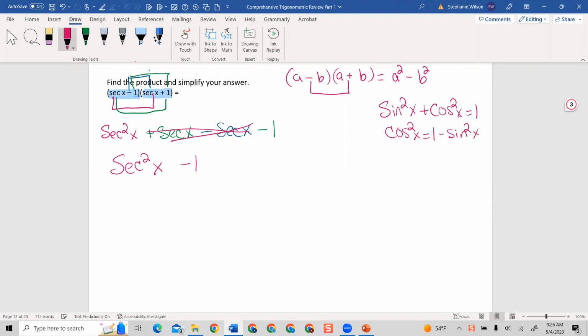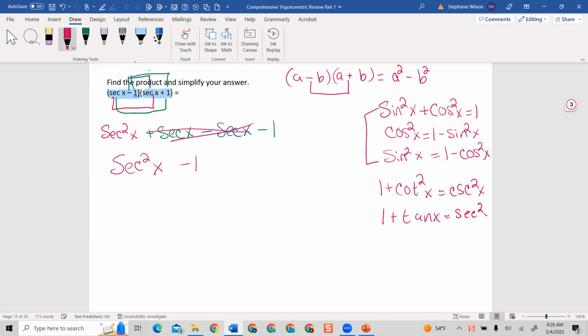You could solve for the sine, and you solve for the sine, then you would have got. So these go together, right? Then we have 1 plus cotangent squared x is equal to secant squared x. We've got 1 plus tangent squared x is equal to secant squared x.